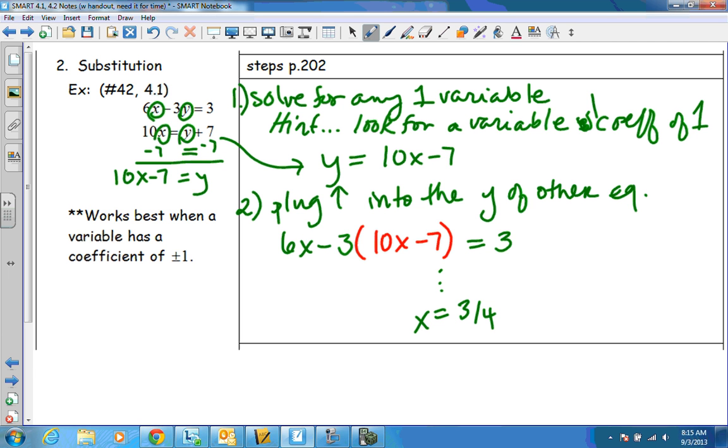Negative times negative, it's a positive. Now what? Final answer needs to be a what? Ordered pair. So if all you have is x equals a number, it's all in ordered pair. So what do you do?